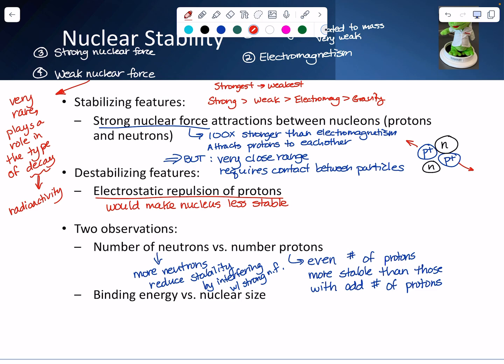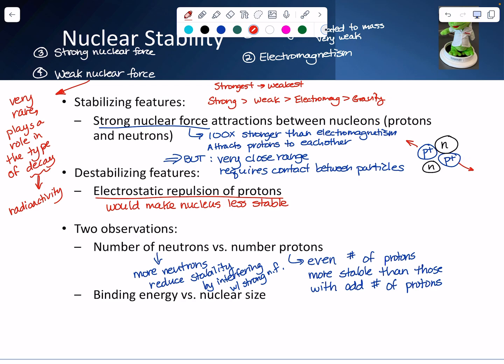So there are different types of radiation: alpha, beta, and gamma. We classify them by their energies. Gamma radiation is the highest level and does the most damage, then beta, and then alpha.